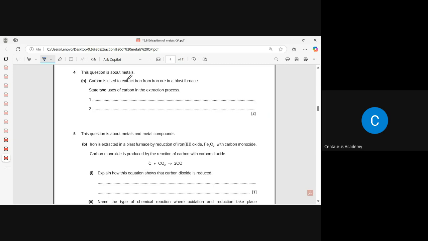This question is about metals, and carbon is used to extract iron from iron ore in a blast furnace. You have to state two uses of carbon in the extraction process. What do you think could be the two uses of carbon within the extraction process of iron?